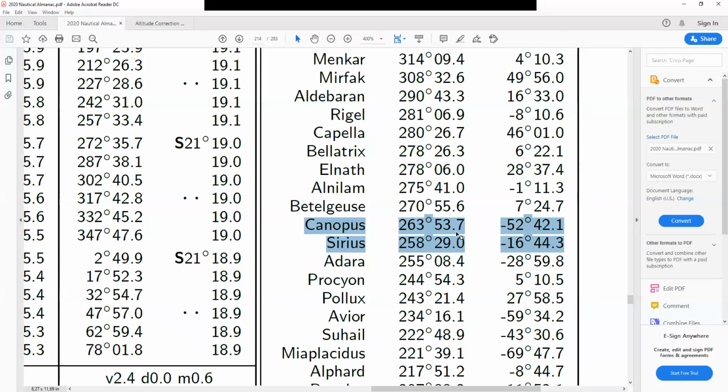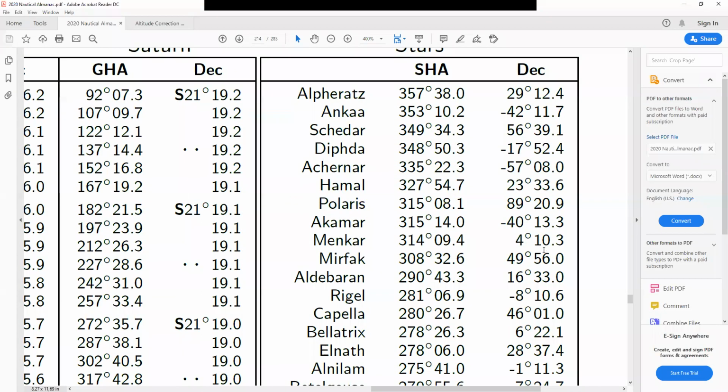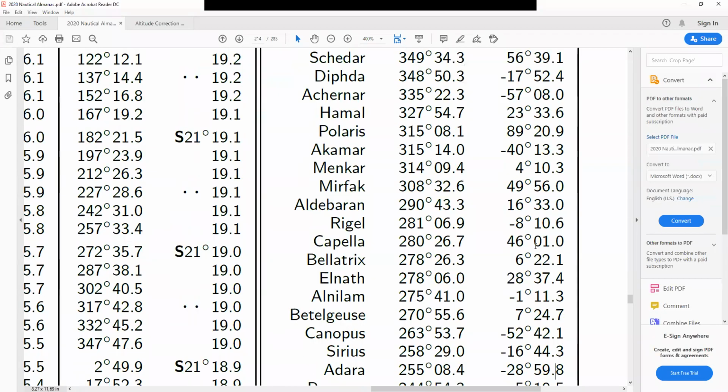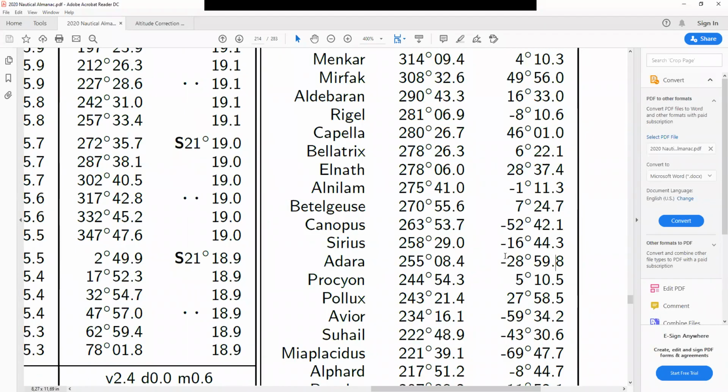So we have a declination for Canopus of minus 52 degrees, 42.1. If you see negative, what does that mean? South. For these declinations, if it's negative, it means south. If it's positive, it means north.